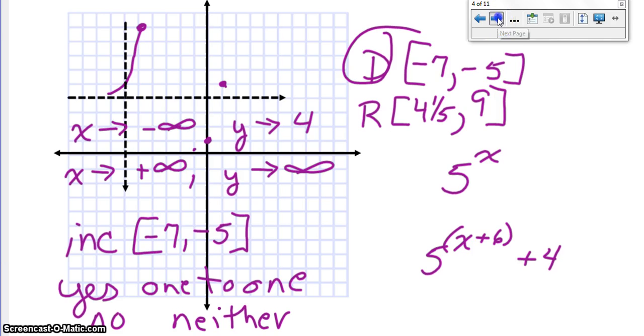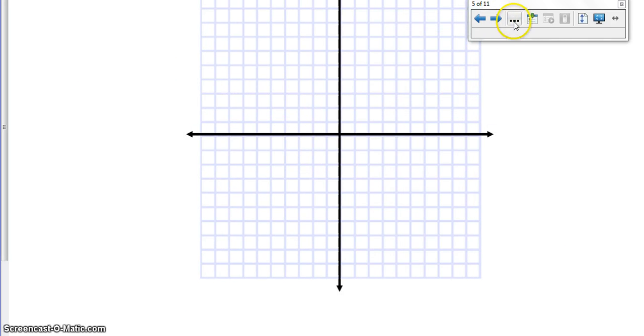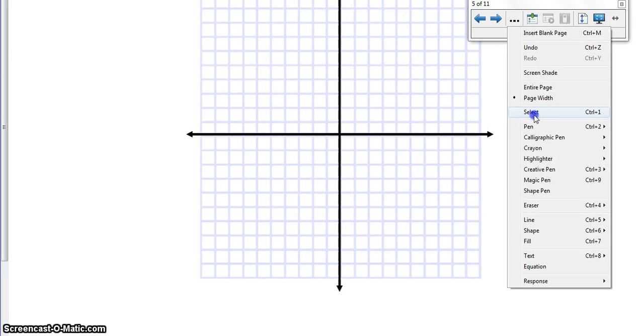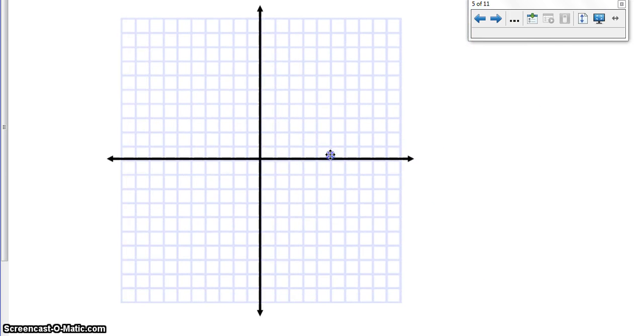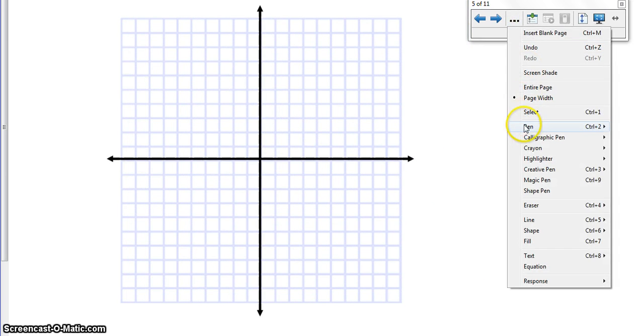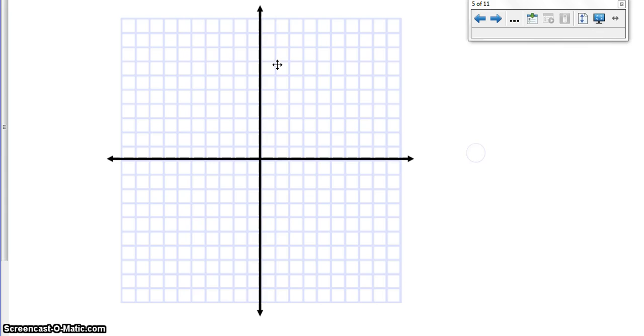So, let me leave you with this. And this is something that could be used as a bonus. Let's go back to the eyebrow. If Mrs. Rose had an eyebrow here, that's just a standard square root, but Mrs. Rose has moved it right 2 and up 1, 2, 3, 4, 5, 6.